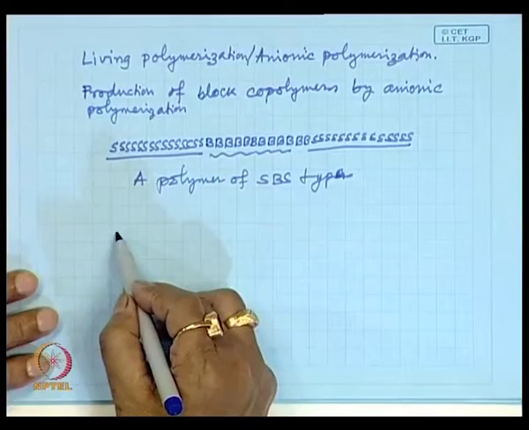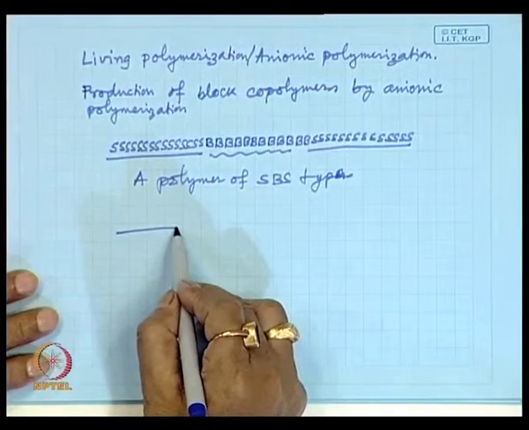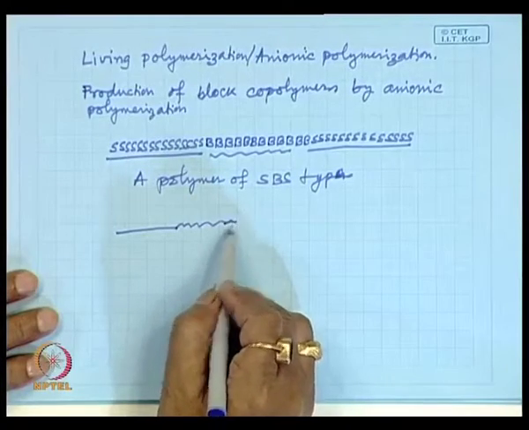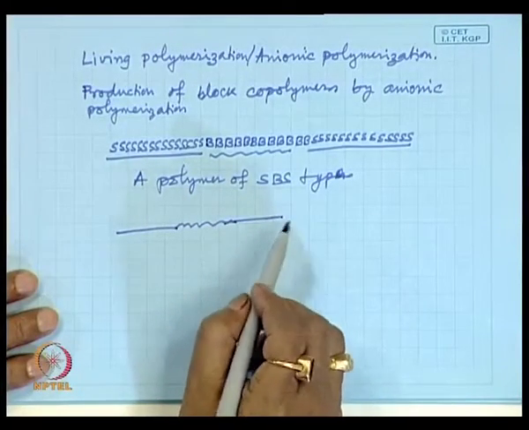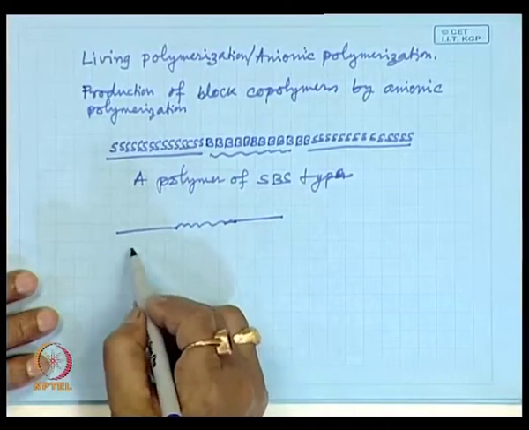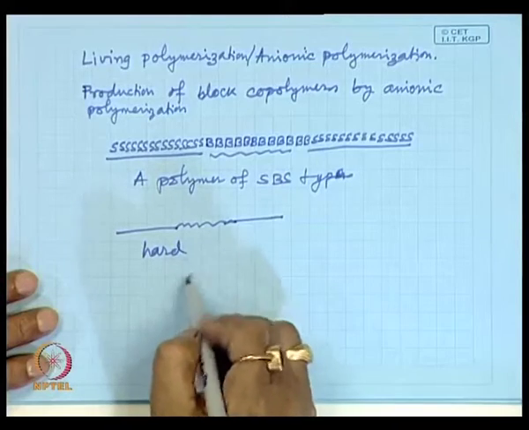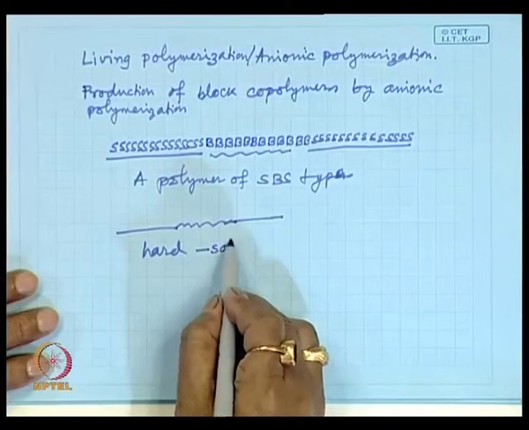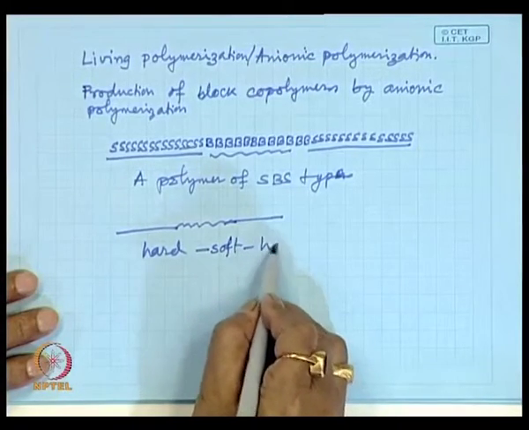So, we are getting a rigid chain followed by a flexible chain followed by a rigid one. It forms a hard block followed by a soft block followed by a hard block.